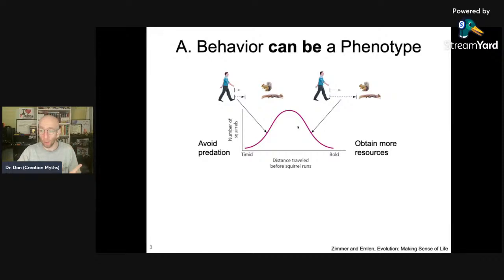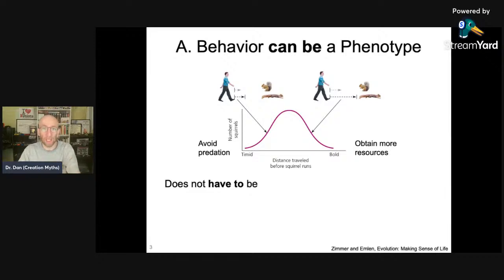Now, I want to be very clear about something before I continue on, and this is a really, really important point. Behaviors can be a phenotype, but they do not have to be. In fact, when we're talking about humans especially, most behaviors do not have a genetic component. They are going to be socially determined.